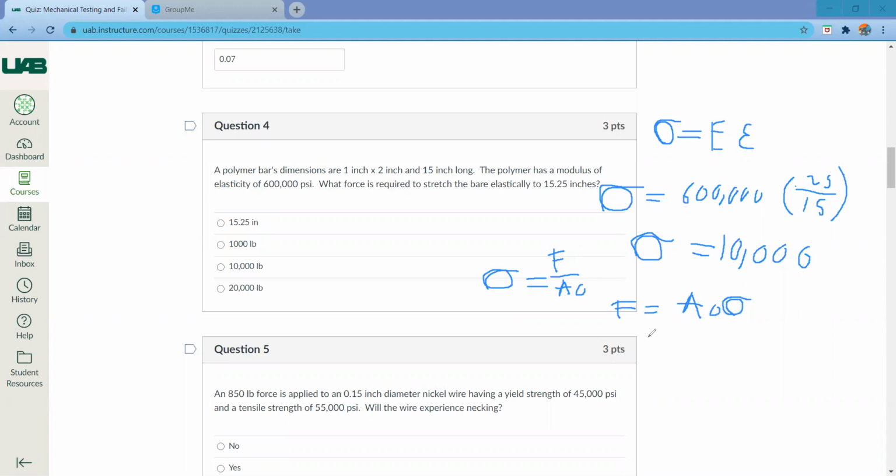So area in this case is a bar. So force is going to be equal to the area, which is length times width, or 1 times 2 times 10,000. Or force is equal to 20,000 pounds.